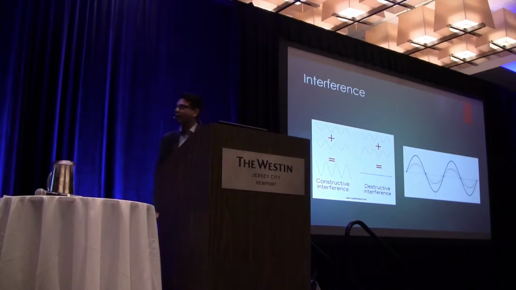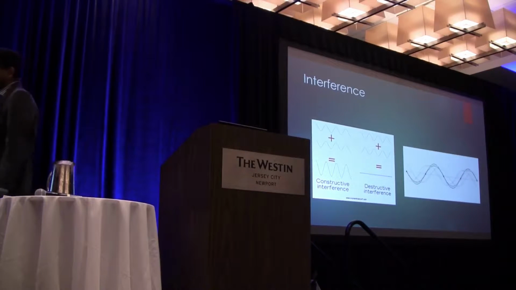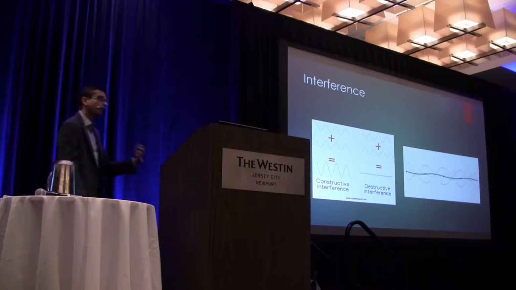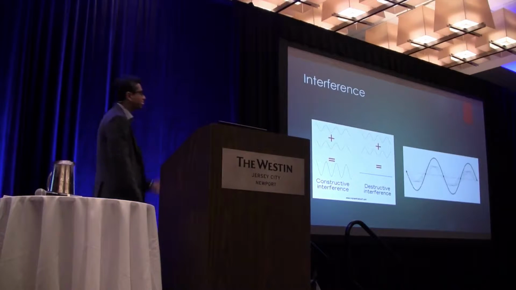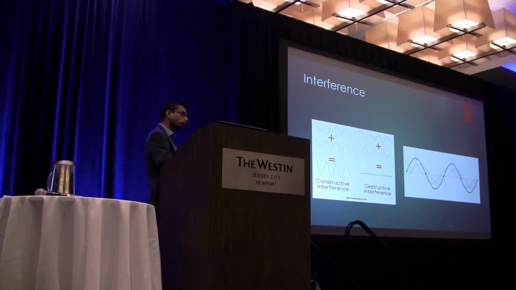What I mean by perfectly aligned is that the crest of one wave lies on top of the crest of the other, and the trough of one wave lies on top of the trough of the other. Then what we get is a resultant wave with constructive interference, which means that the amplitude of the resultant wave is going to be higher than the amplitude of the 2 waves which combine to produce it.